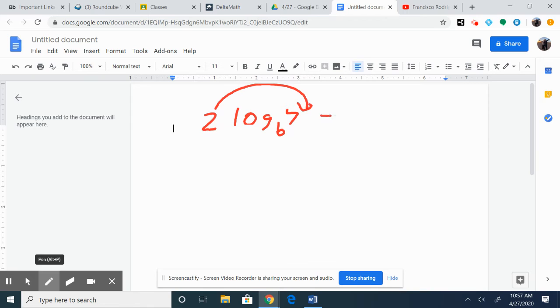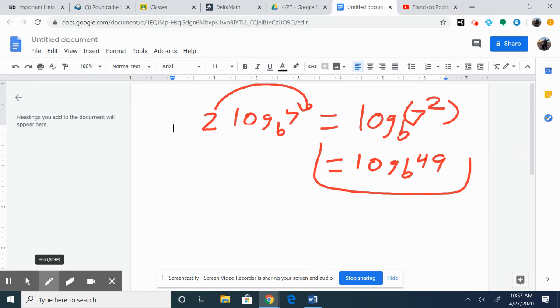So all we're going to do is move that number to the exponent, and now we have logarithm of b and then 7 to the second power. So to simplify that, we just do 7 to the second power. That's 7 times 7, so logarithm b to the 49 would be our final answer.